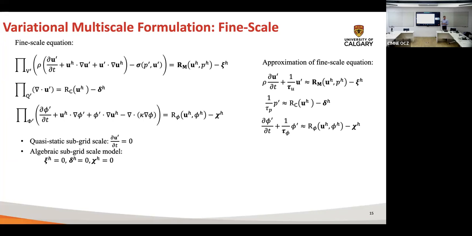So we are considering the algebraic quasi-static subgrid scale model, okay? Which means these functions, they are zero, and your projection is nothing but the identity, okay? So we are taking our small scale to be simply proportional to the residual of the large scale, where the proportionality factor is tau, okay, which originates from the stabilized method for the fluid mechanics.